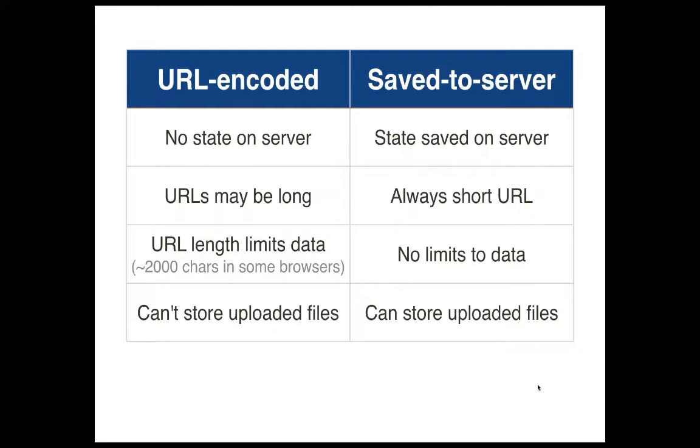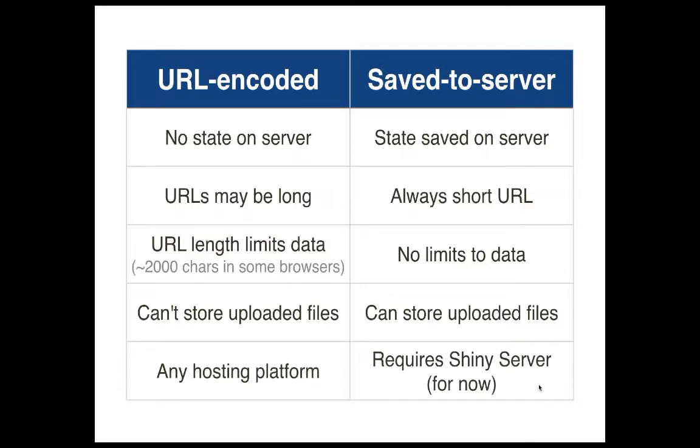For URL encoded bookmarks, you can't save files that have been uploaded in that URL, but if it's saved to the server, you can. And finally, as of now, URL encoded bookmarks can work on any hosting platform, like Shiny Server or shinyapps.io or RStudio Connect, whereas the save to server bookmarks work on Shiny Server only right now.